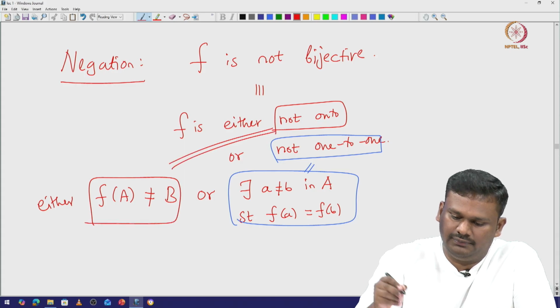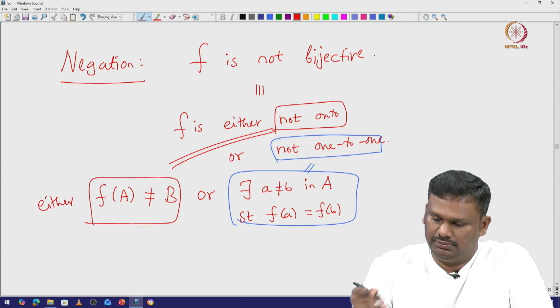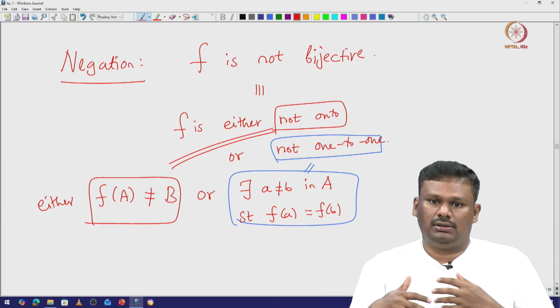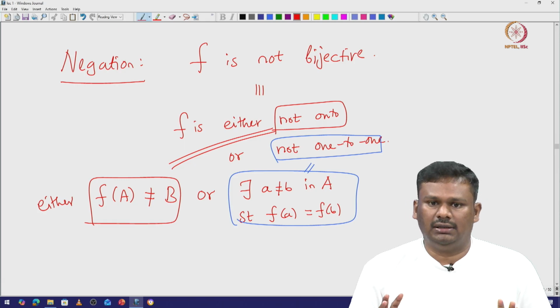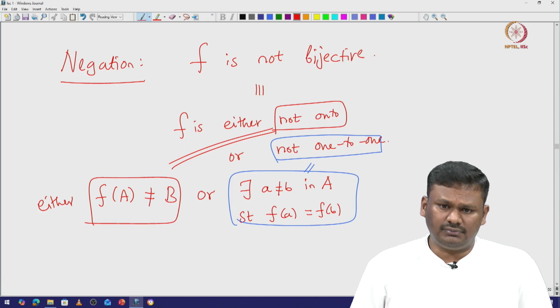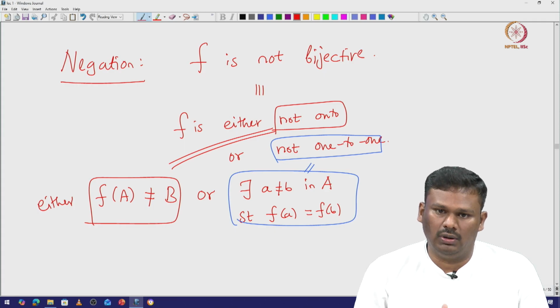So, these two are the same. This is something that, like I said, you should get used to, how to write the negation for all the definitions that you are encountering in mathematics, and that helps you to write down proofs in a more rigorous way.